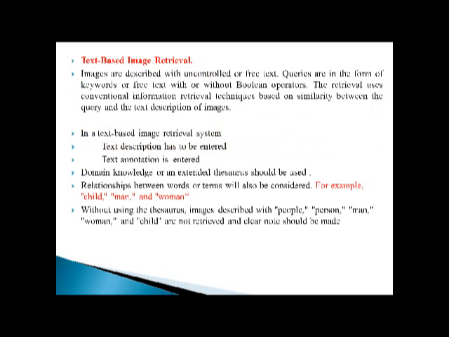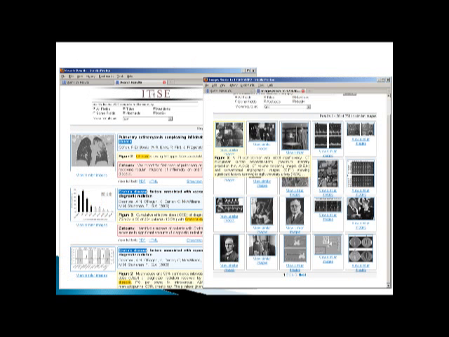The next is text based image retrieval. Based on the text, some text can be like a person. If you take a person, we have a child, man, woman. All these related words can also be included. Here you can see an image database.